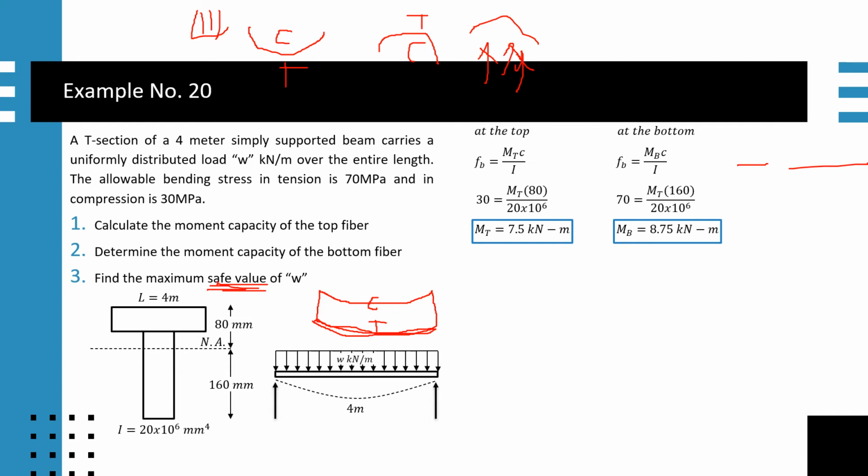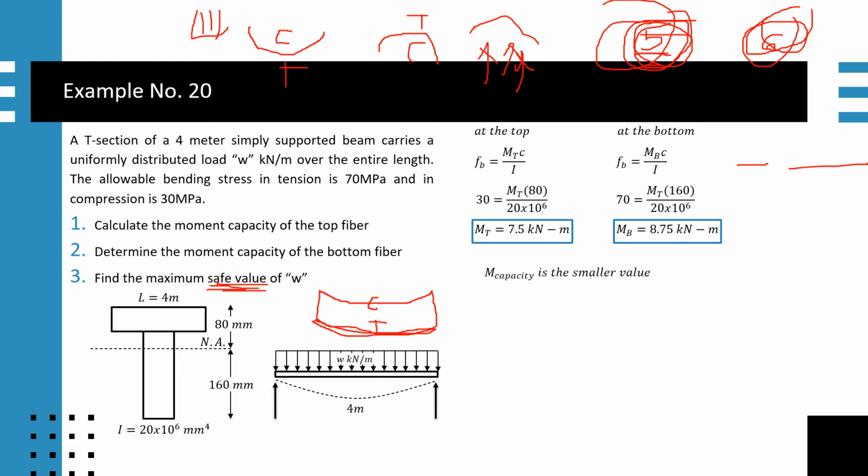Kung ang capacity nung isa is 5 lang, tapos yung isa is 6, ang makakapag-adjust dyan is si 6. Kaya ang kunin mong safe value is 5. Okay? Kasi kapag kinuha mo si 6 na safe value mo, yung may-ari ng 5, hindi niya kakayanin yung 6. Tama ba? Hindi siya pwede mag-adjust. Kasi maliit lang siya eh. Ang mag-adjust dyan yung malaki. Ganun lang lagi. Okay?